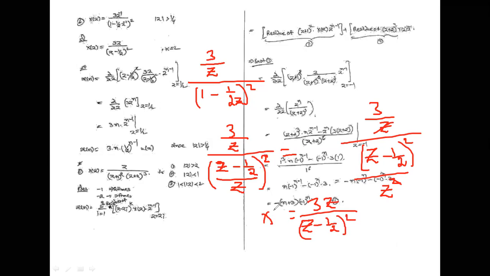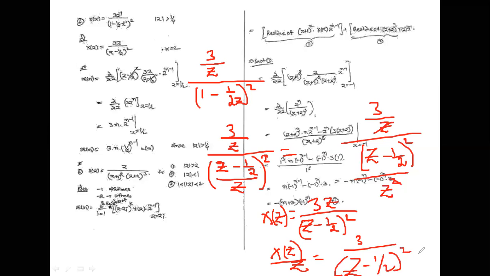And this X of z is given. After converting to positive powers of z, now X of z by z is equal to 3 by z minus 1 by 2 whole square.